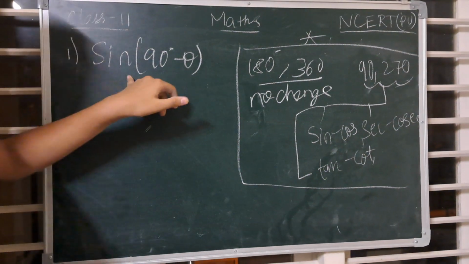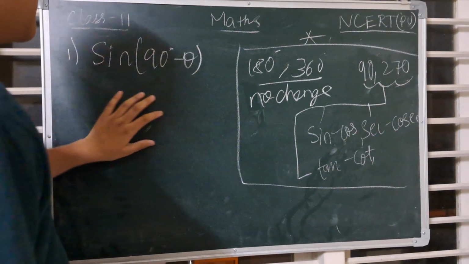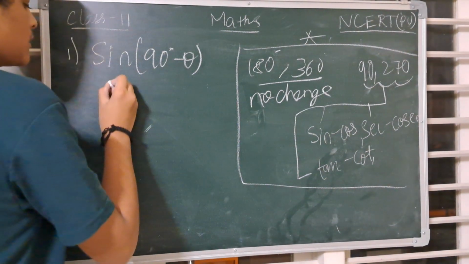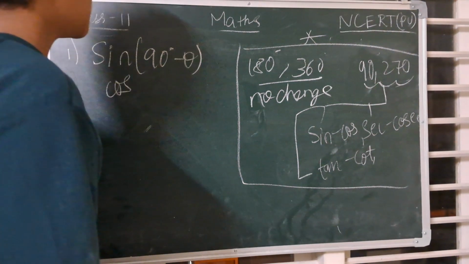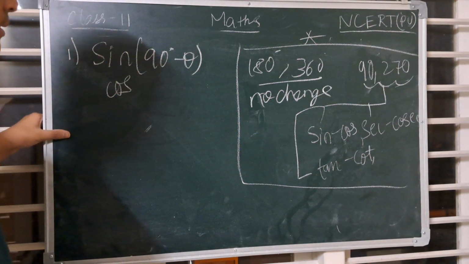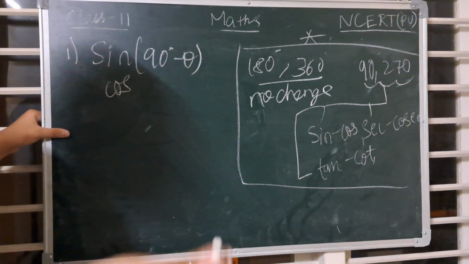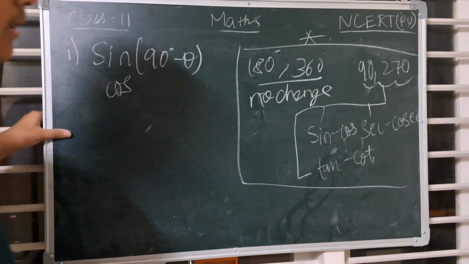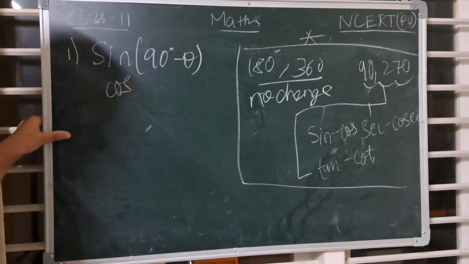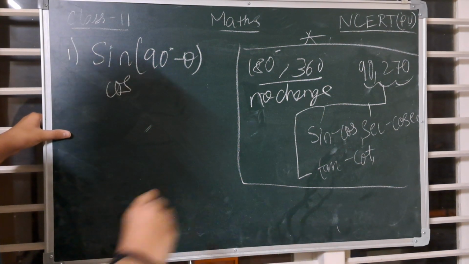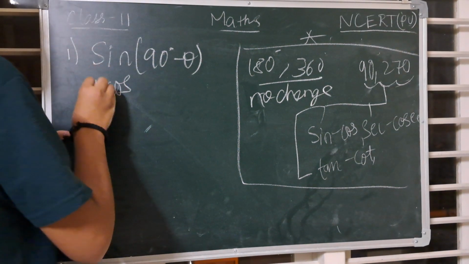Here, since it is 90, we will take sine as cos. 90 minus theta means which quadrant? First quadrant. In the first quadrant, will sine be positive or negative? We know that all the ratios are positive in the first quadrant.